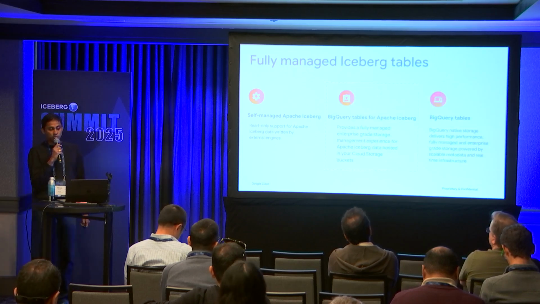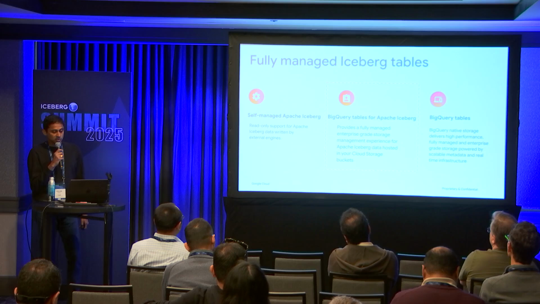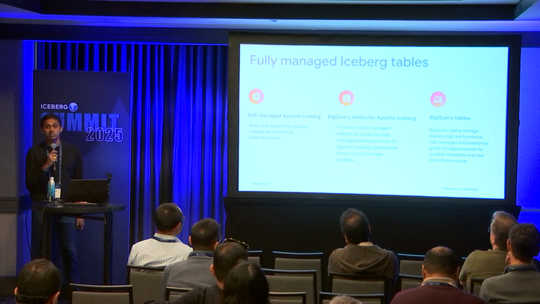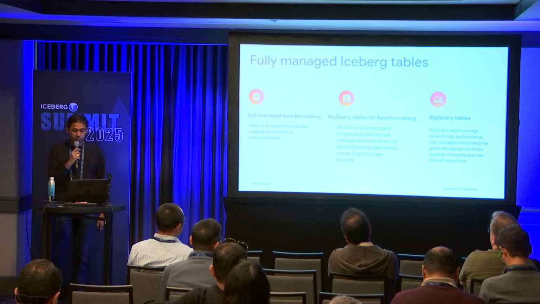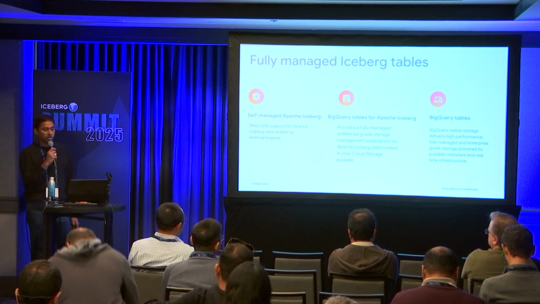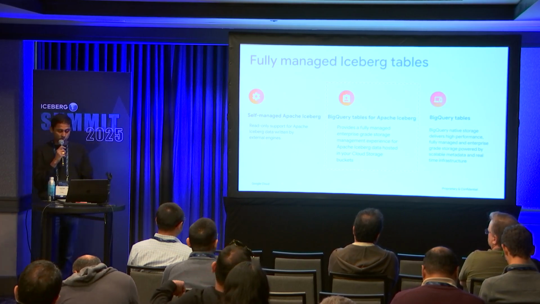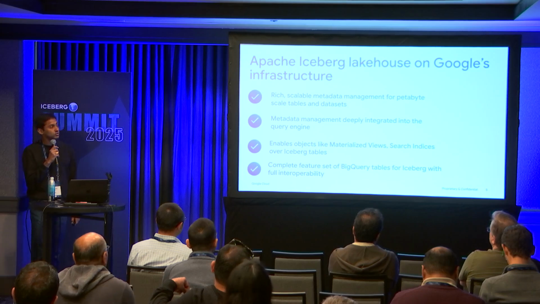Recently, we have added support for fully managed Iceberg tables. We are bringing the full capabilities of the BigQuery engine with the openness of Iceberg data, so that you can get all the management of BigQuery tables on your Iceberg data in your own cloud storage buckets. I'll talk about how we are doing this over the next few slides.